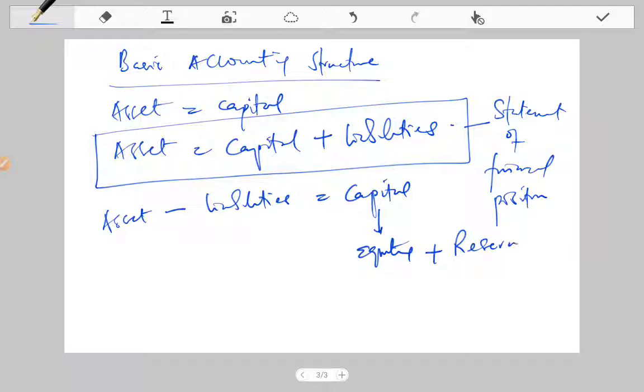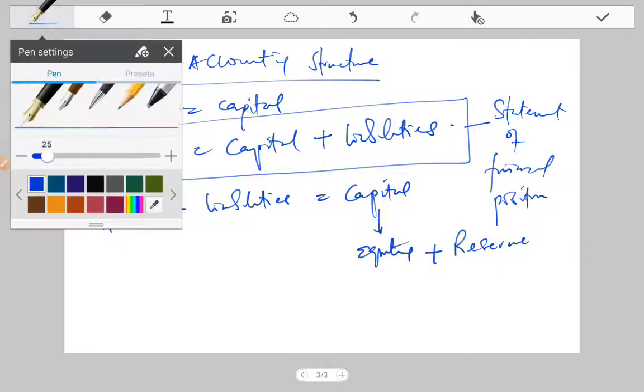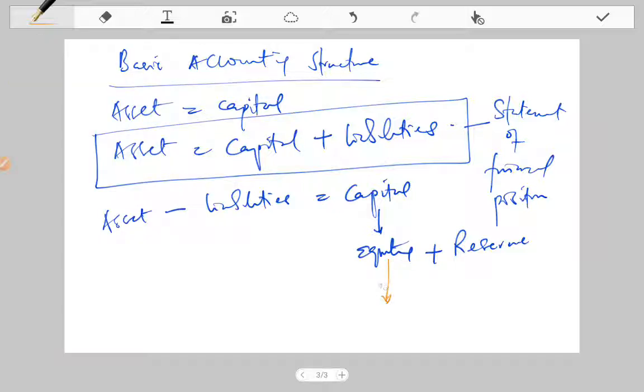Asset minus liability is also referred to as the net asset. So when you are looking for the net asset of an entity, it is the difference between the asset and liability.